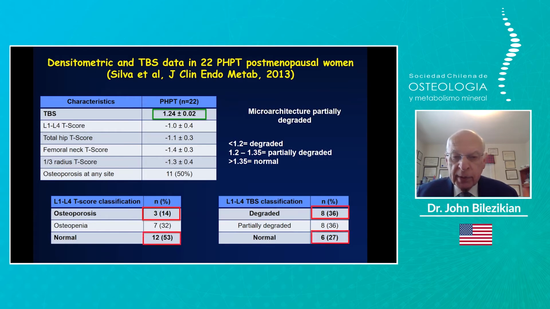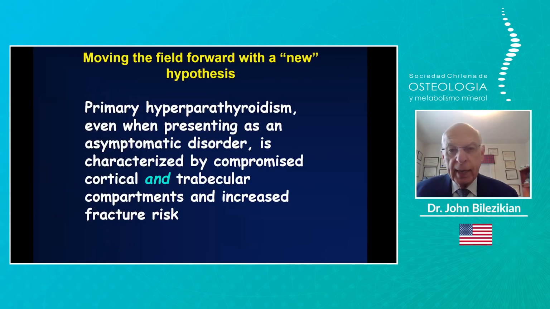If you look at the percentage of individuals who have a normal trabecular bone score, it's a minority, versus a majority of individuals who have normal trabecular bone by bone density. So clearly, trabecular bone score can help us to assess bone quality in primary hyperparathyroidism.